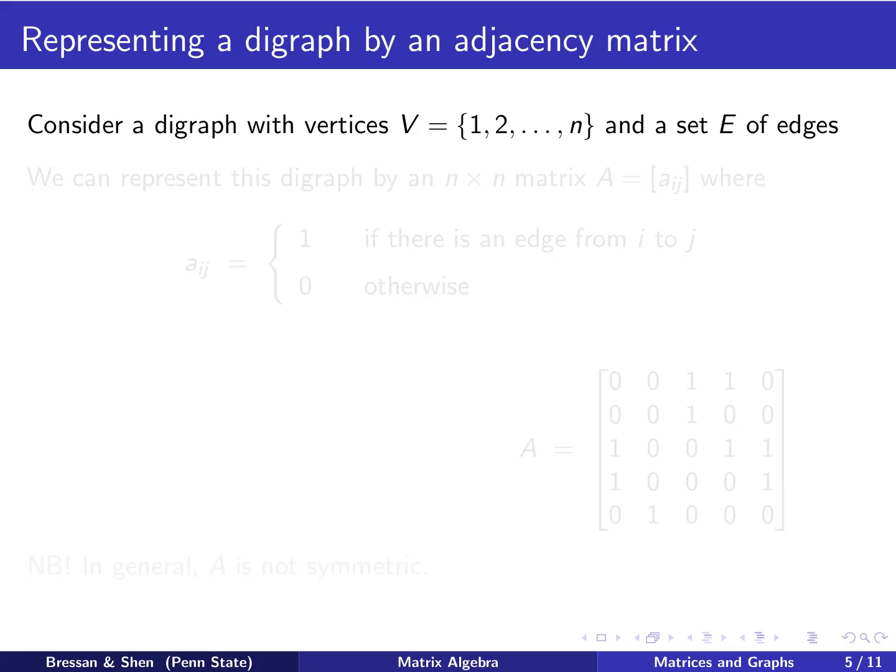So similarly, we can also represent a digraph by an adjacency matrix. Let's see, we have a digraph with vertices in the set V, say n vertices, they are labeled, and we have a set of edges E with direction.